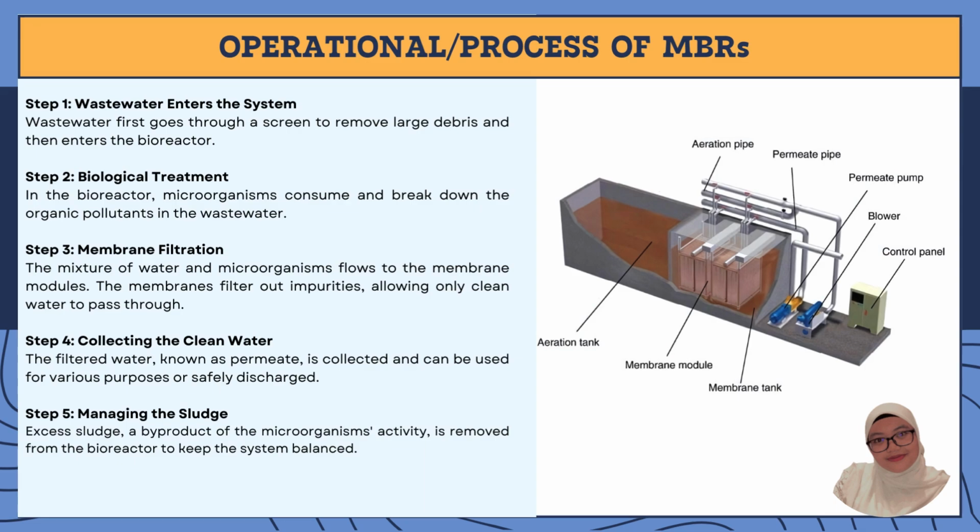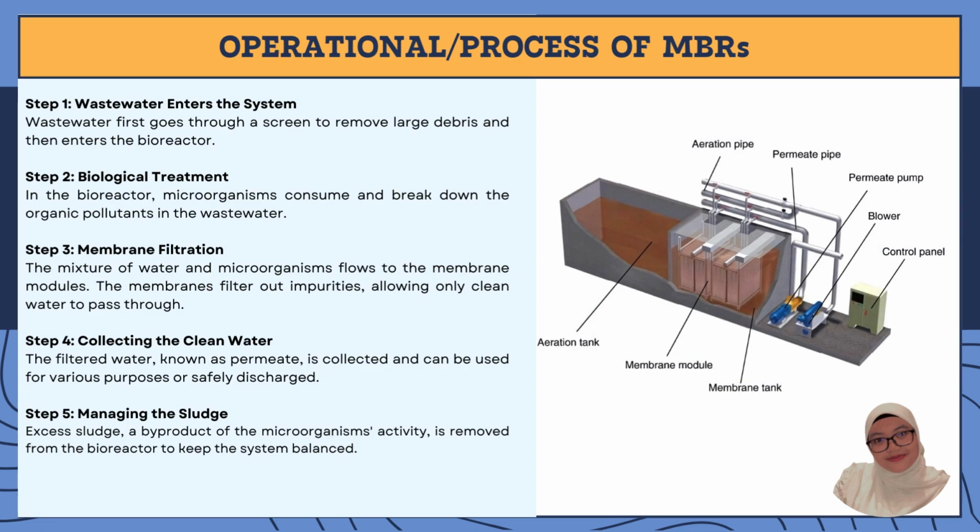Next step, biological treatment. In the bioreactor, microorganisms consume and break down the organic pollutants in the wastewater. Next step, membrane filtration. The mixture of water and microorganisms flows through the membrane modules. The membranes filter out impurities, allowing only clean water to pass through.